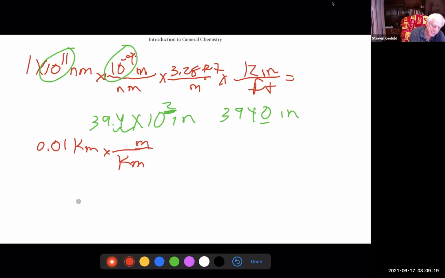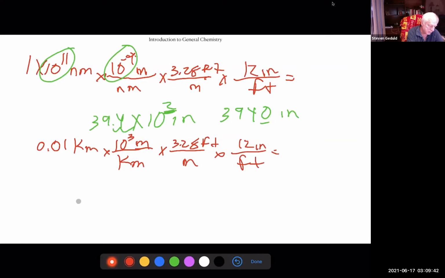And then K is the same as 10 to the 3rd. It gives you meters. Then 3.28 feet per meter and 12 inches per foot. That goes to inches. So again, take 0.01 times 3.28 times 12.